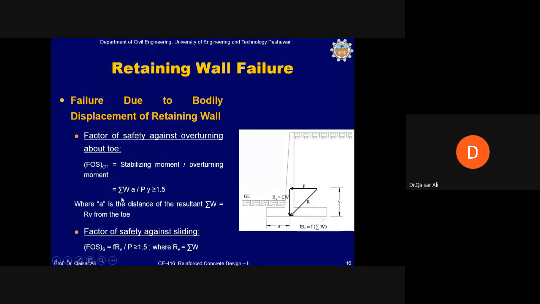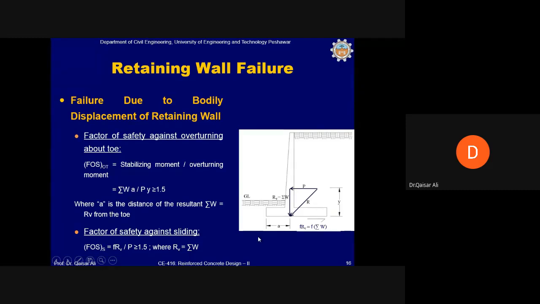So in the form of equation, this can be written like this: summation of W, which is the summation of all the weights, times the a, which is the distance of this resultant, RV. RV is the summation of W, so the resultant of all the weights is being denoted by RV, which means vertical resistance due to all weights.